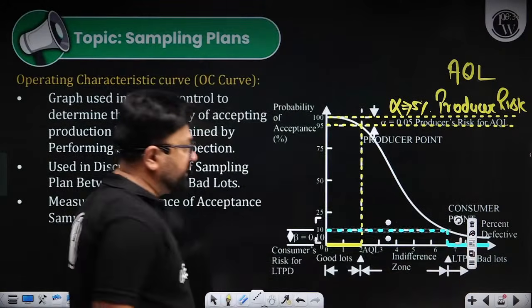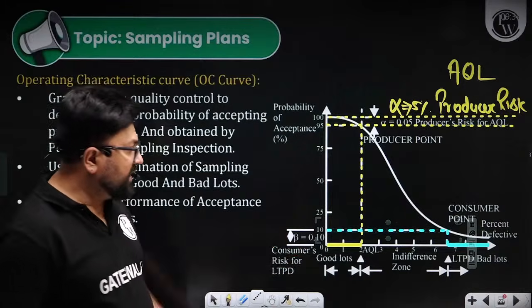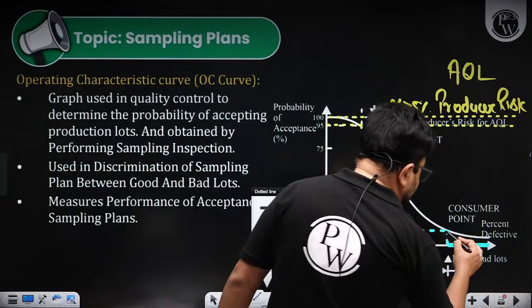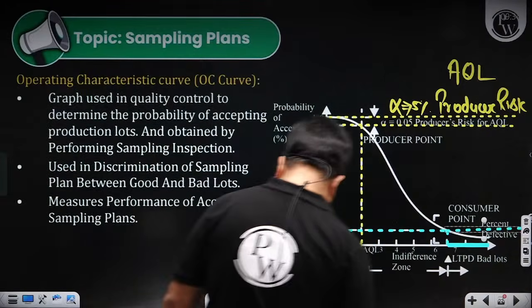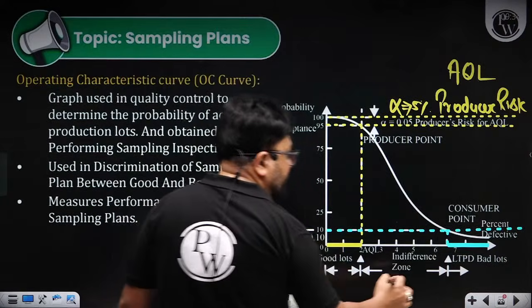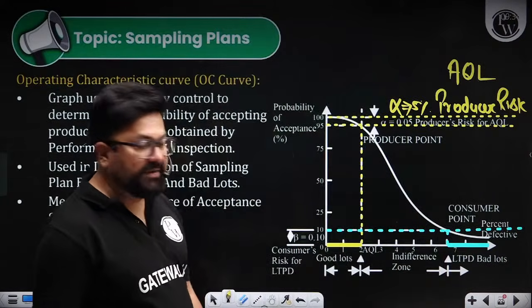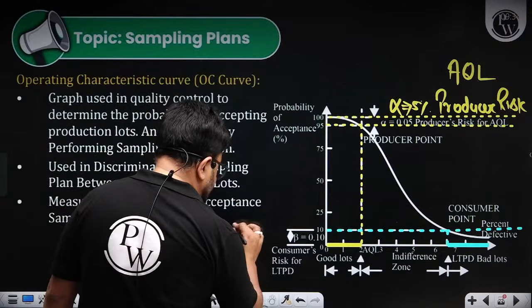This is the lower probability of acceptance. If the same lot gets accepted, then it becomes your consumer risk, that is beta.